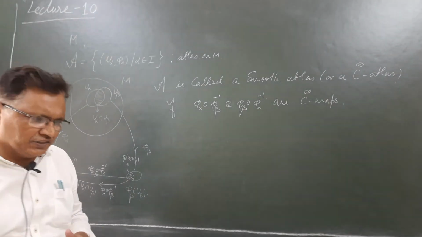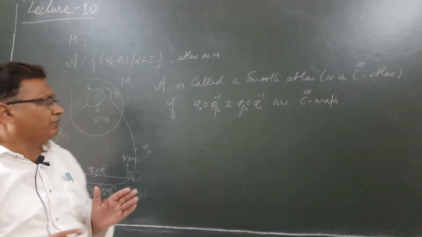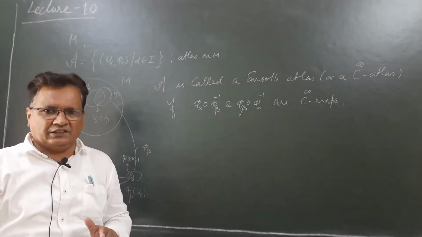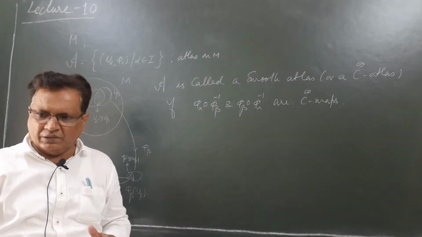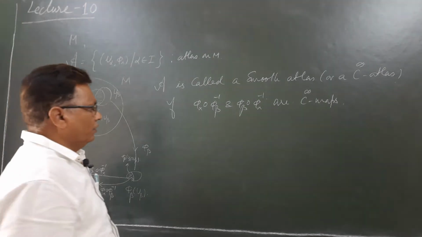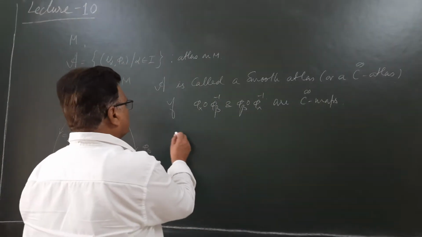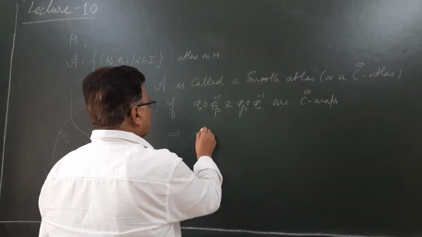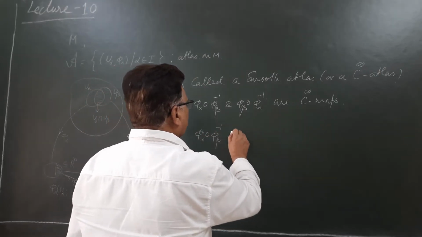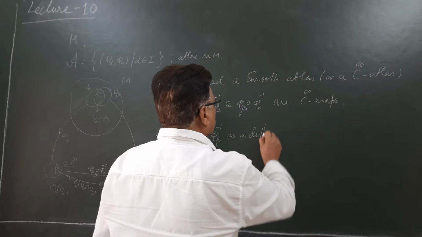So, whenever U_alpha and U_beta have a non-empty intersection, if all the transition maps are differentiable, the atlas is called a differentiable atlas. In other words, this implies that phi_alpha composition phi_beta inverse is a diffeomorphism.